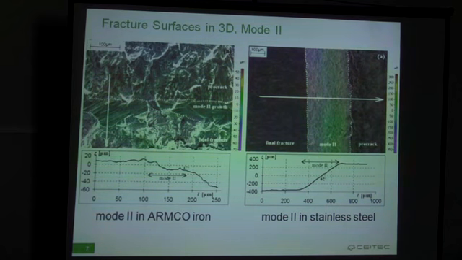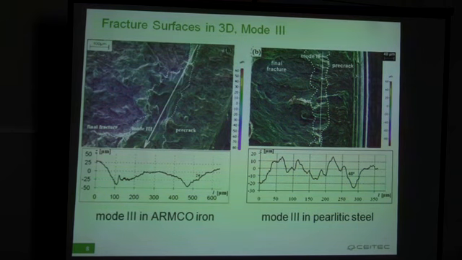We have an example here for Armco iron, which is a polycrystalline pure iron, and stainless steel. And we can see that the behavior is completely different. In the case of the Armco iron, we have facets with some oriented patterns, and the fracture surface is very flat. We have small deflection angles here. In the case of the austenitic steel, we can see immediate deflection towards pure mode 1.